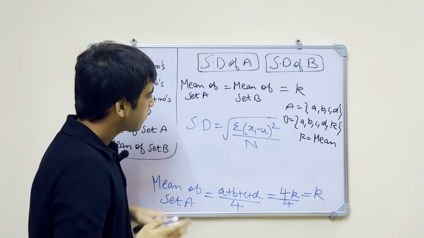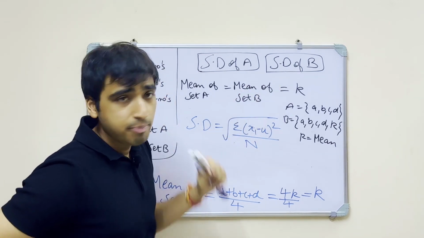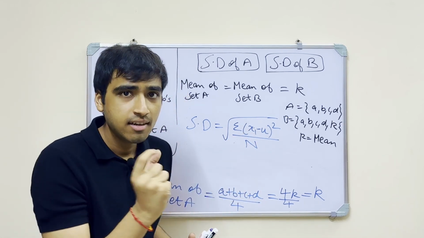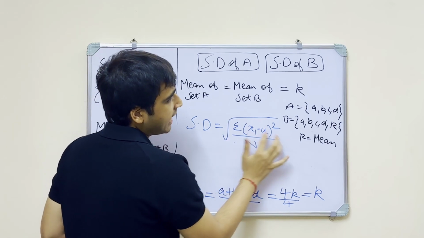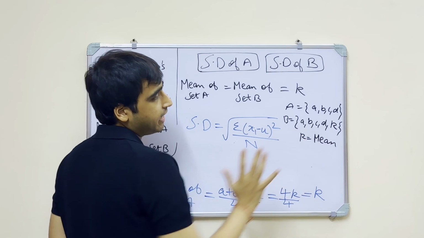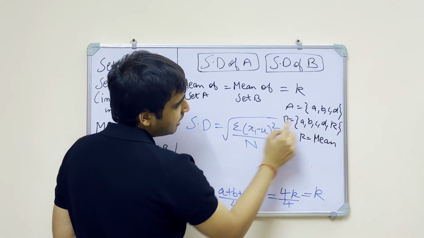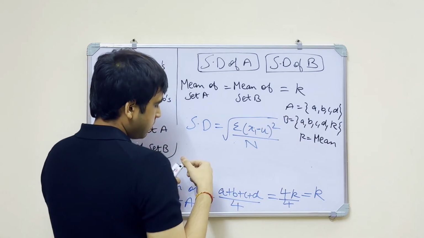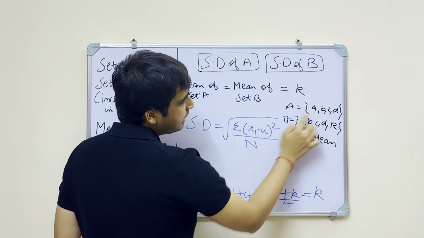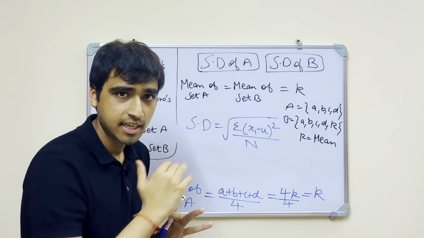Now tell me one thing, the standard deviation of B, in the case of B, xi minus mu, right? What is xi? Xi are the different elements. For example, xi can be A, B, C, D, or K. So for set A, you can say A minus mu, B minus mu, C minus mu, D minus mu, and we add all of those things.